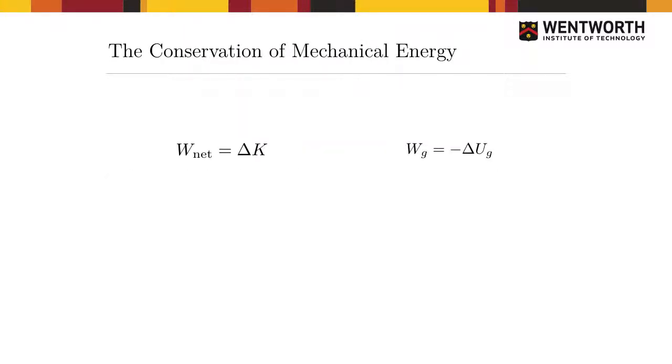Now, let's make use of these two equations. We know that in general, an object can be acted upon by both conservative and non-conservative forces. So, the total work done on an object must be the sum of the work done by conservative forces and the work done by any non-conservative forces.